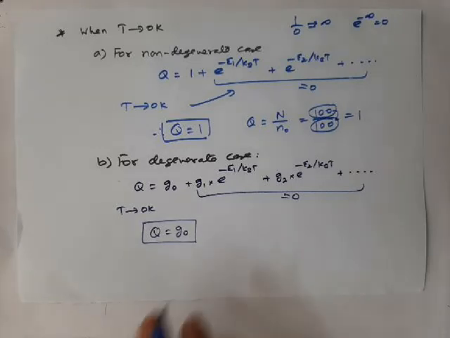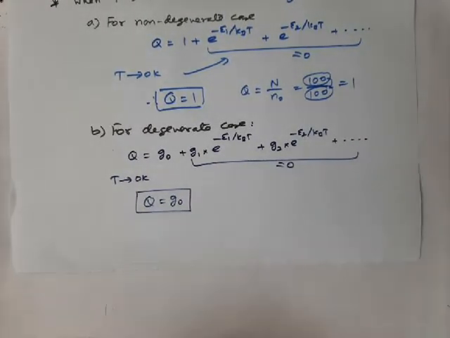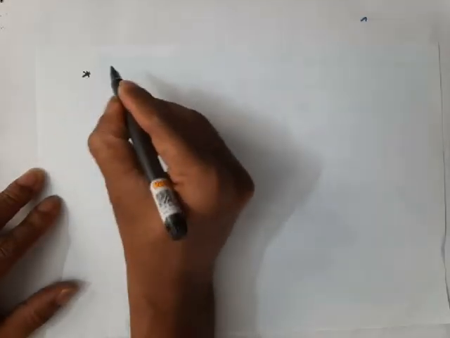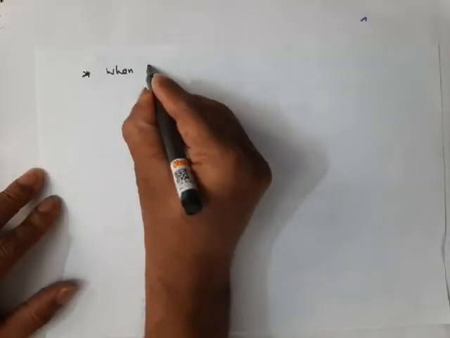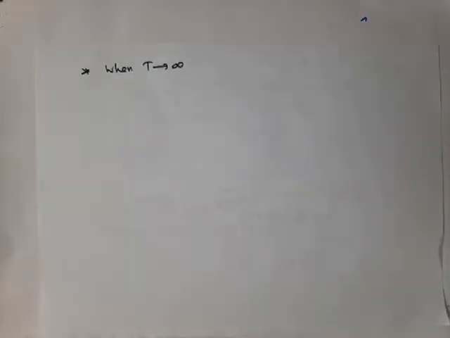Then the next point: what happens when temperature approaches infinity? What will happen when the temperature of the system approaches infinity? That is, if you supply more and more heat to the system, what will happen?